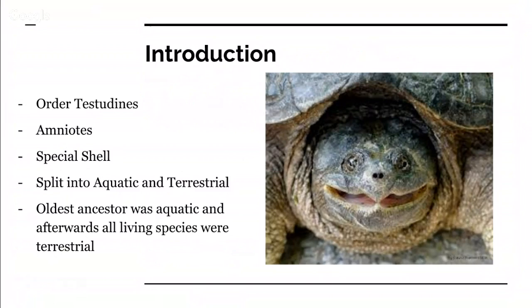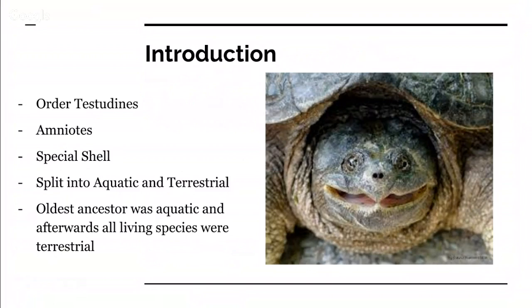Some other facts: the fossil records show that the oldest common ancestor of turtles lived about 200 million years ago. So a fairly old and long phylogeny to go along with this organism as well. According to the PowerPoint, they are amniotes, which means they lay eggs and they breathe oxygen.